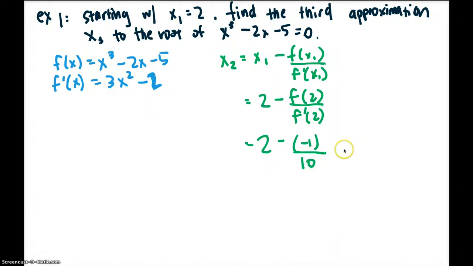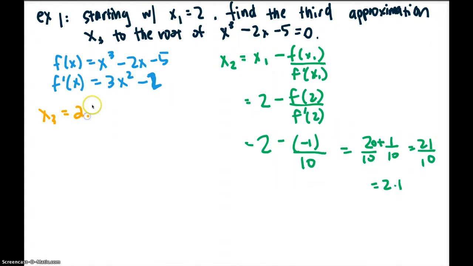So it will give me 2 plus 1 over 10, 21 tenths, right? Or 2.1. Okay. Now, I've just found x sub 2, and the next step is to find x sub 3, which takes my previous output and now uses it as my input.